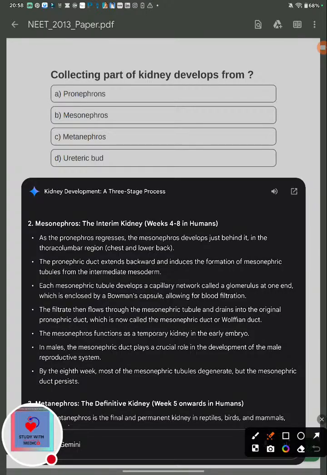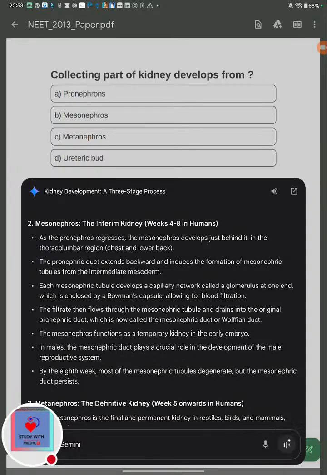The pronephric duct extends backward and induces the formation of mesonephric tubules from the intermediate mesoderm. Then after the mesonephric tubules, a capillary network will form, glomerulus will form, Bowman's capsule will form, and filtration of the blood occurs. In males, it will form the reproductive system.